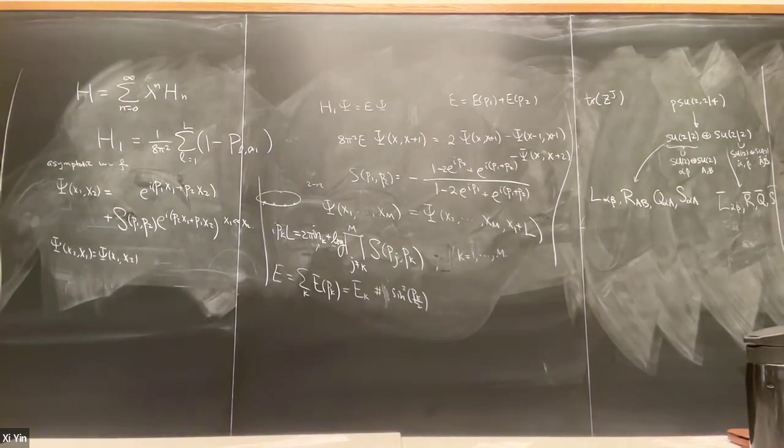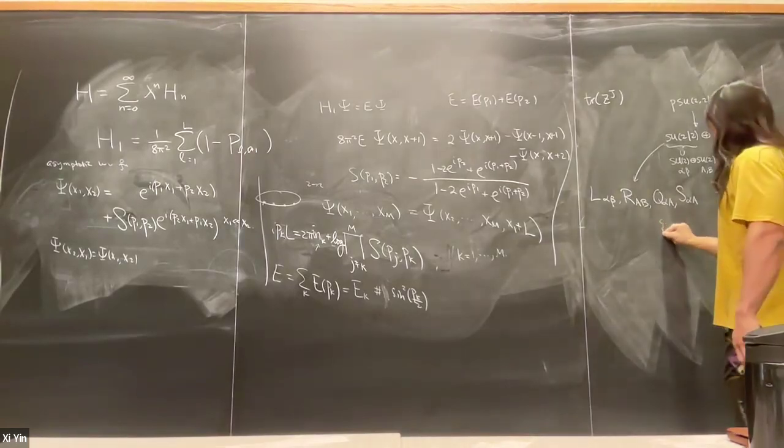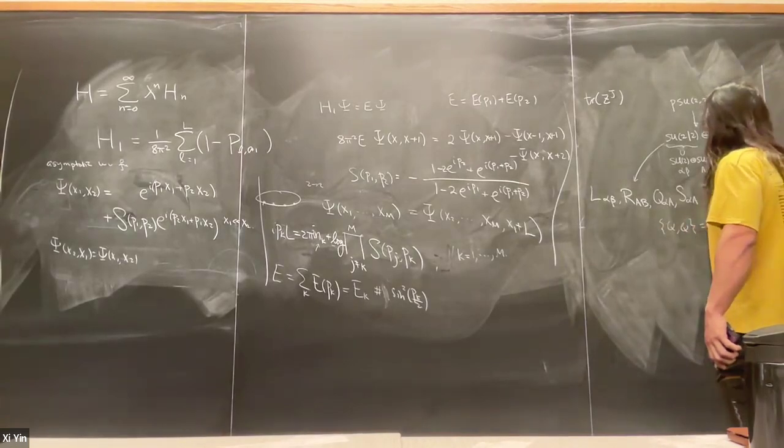Anyway, there are some more conventions that are stated in the notes. Let me mention that, as usual, these generators are chosen such that the QQ commutator equals 0, and so does SS.